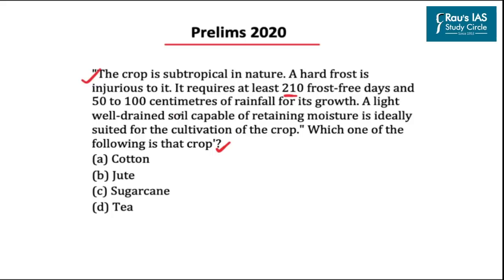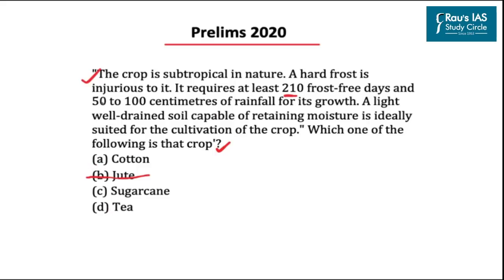Now, this question has a lot of statements, and on the basis of each one of these statements, various options can be eliminated. For example, the first statement, the crop is subtropical in nature, will eliminate jute from all the options because jute is a tropical crop. Then, a hard frost is injurious to all three of them: cotton, sugarcane, as well as tea.